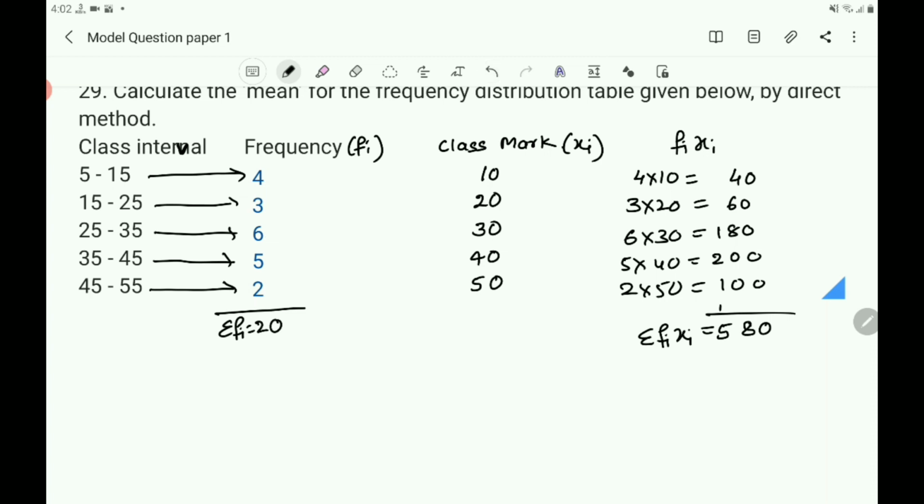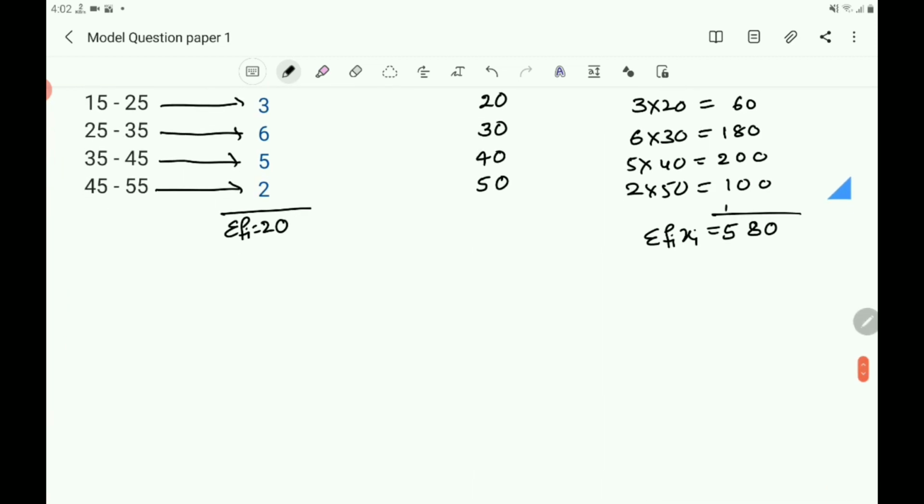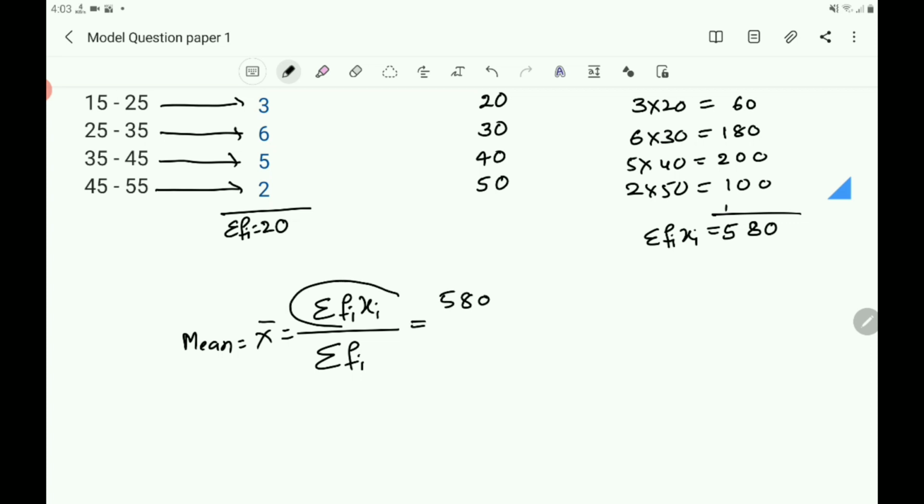Now, what is the formula to find the mean by direct method? That is mean, x bar, equals summation of Fi Xi divided by summation of Fi. That equals 580, sigma Fi Xi is 580, divided by sigma Fi, that is 20.